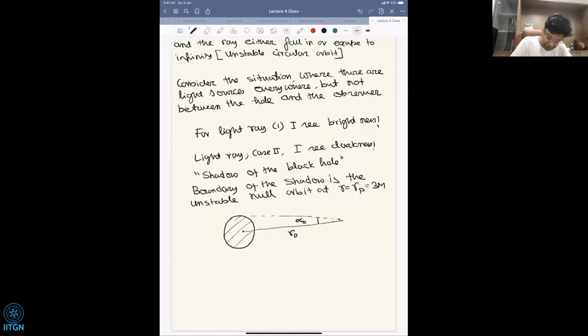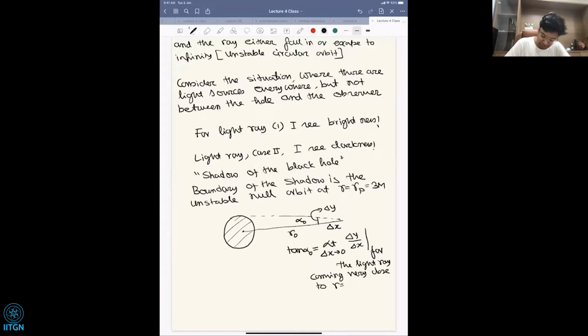One way to do that is to define Cartesian distances: a distance delta x, and here a distance delta y. Then the definition of the shadow will be tan alpha equal to the limit as delta x goes to 0 of delta y by delta x, but this is for the light ray coming very close to r equal to 3m.